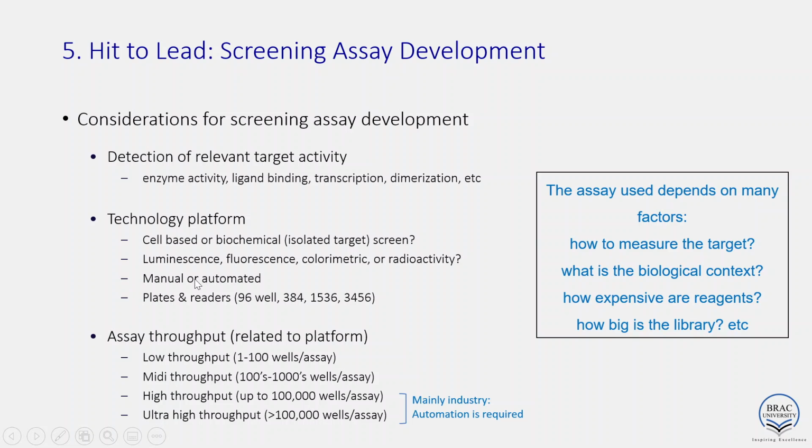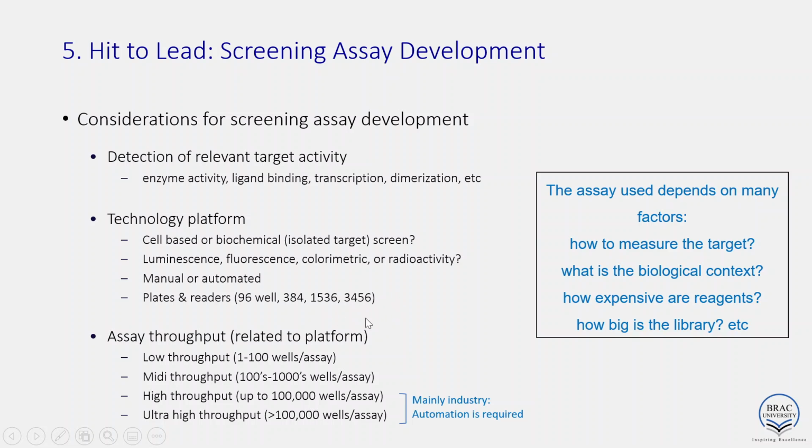We also have to consider manual or automated assays, because automated assays are much faster, and with an automated assay we can screen many more compounds in less time. Then the number of plates and readers is another factor. Depending on our assay, if it is capable of high throughput, then we can use up to 3000 well plates.